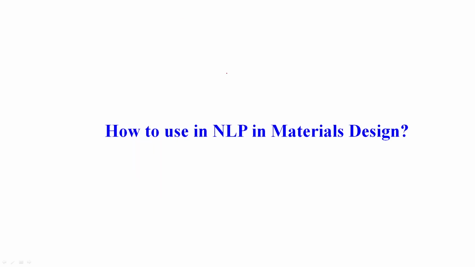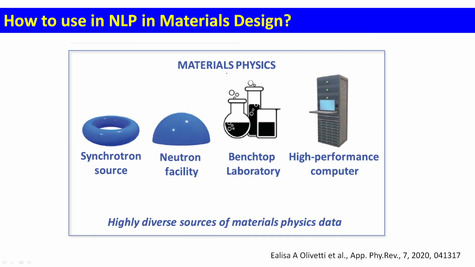So, how to use these things in NLP in materials design? As you know, materials have a highly diverse source of physical data. Let us talk about the synchrotron. A synchrotron is basically a source which allows you to do X-ray diffraction and lots of soft studies, characterization studies.